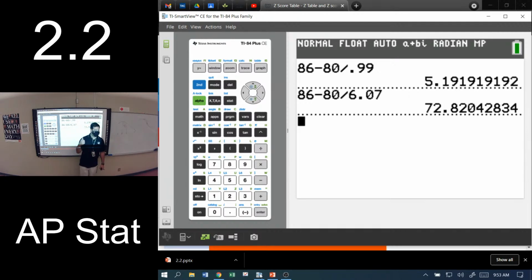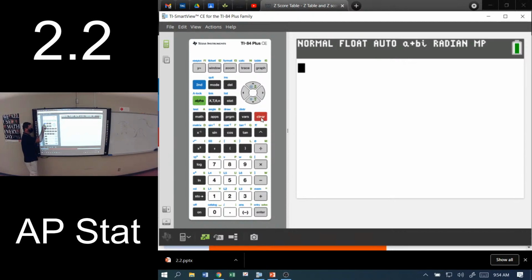So if I wanted greater than 6, I would look up that 0.29, and then I would have to subtract that 0.29 from 1, because 100% falls underneath it. I found this area. I want this one. So 1 minus this will give me this area.